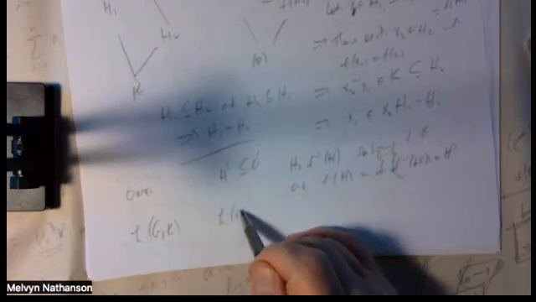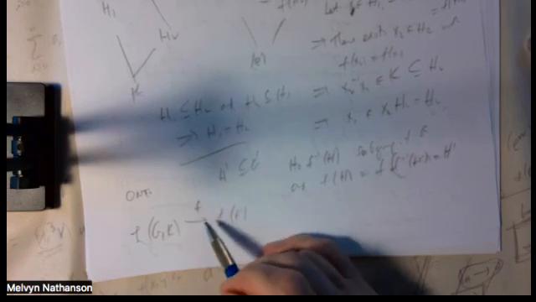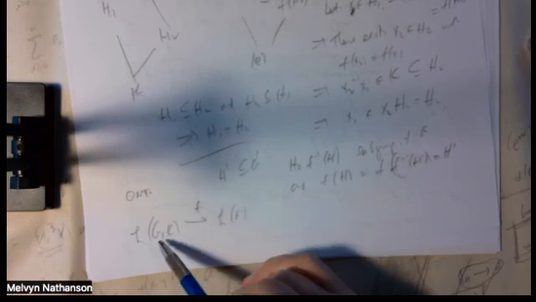So if I have the subgroups of G that contain K and the subgroups of G prime, the function F that takes a subgroup here to a subgroup here is a bijection.